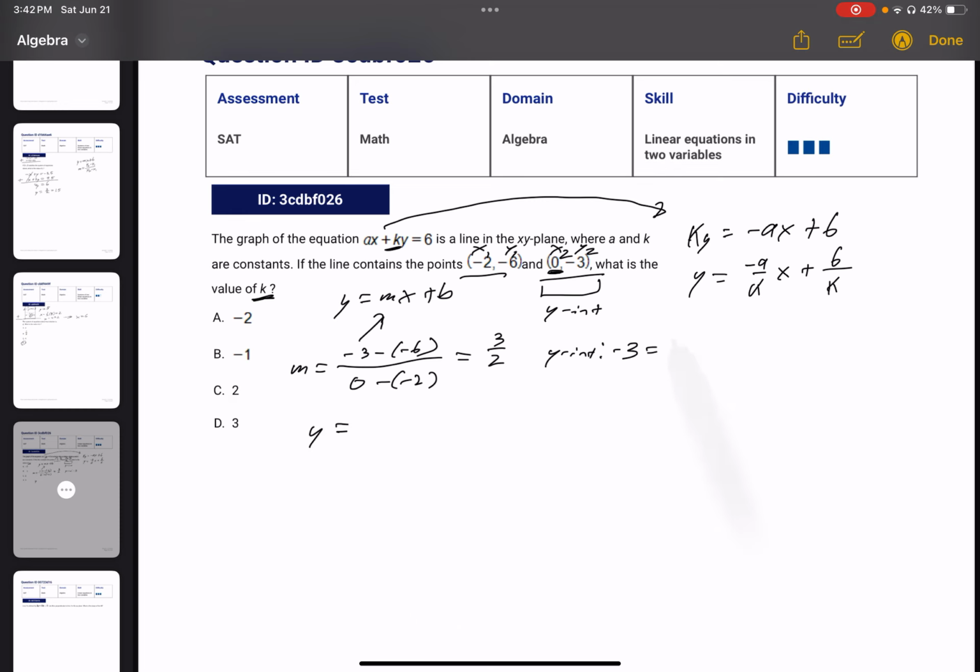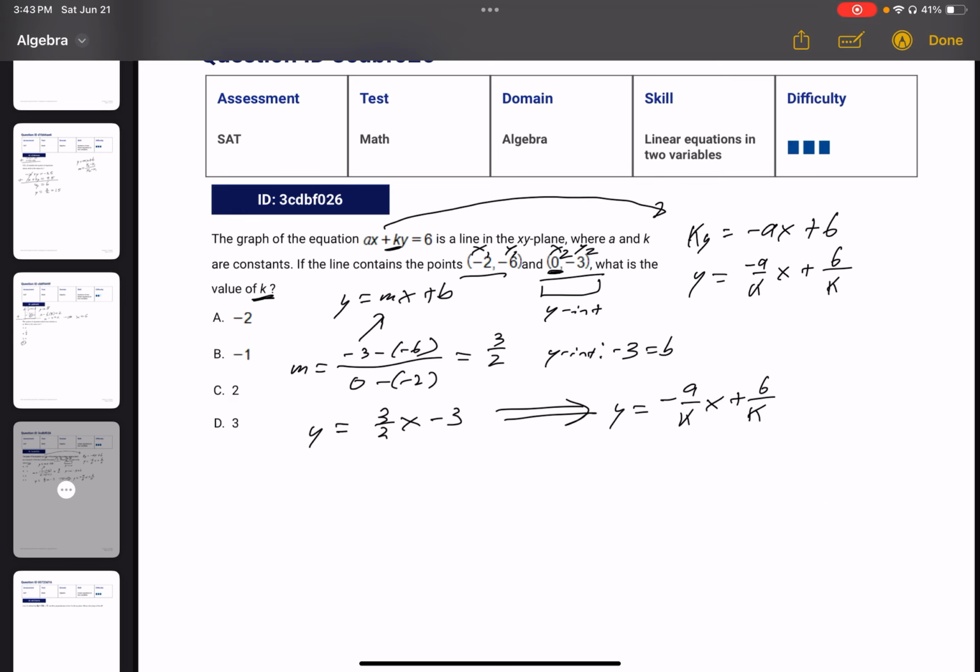That is equal to our b. y is equal to 3 over 2 x minus 3. So that's equivalent to y is equal to -a over k x plus 6 over k.